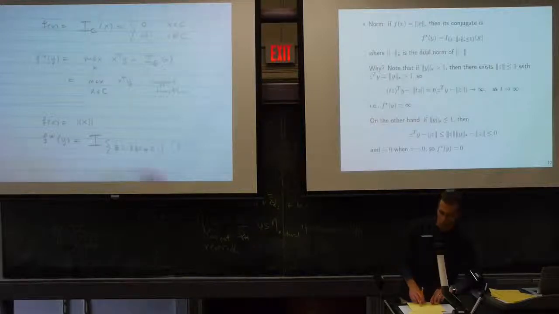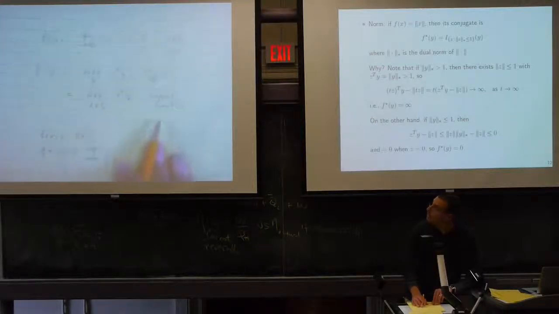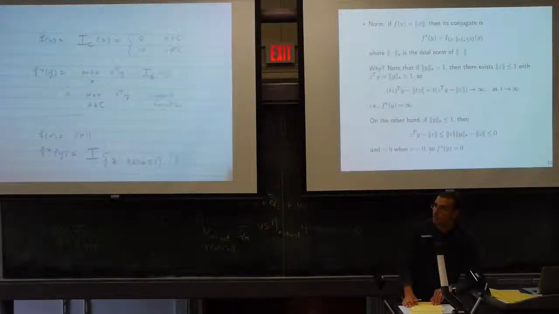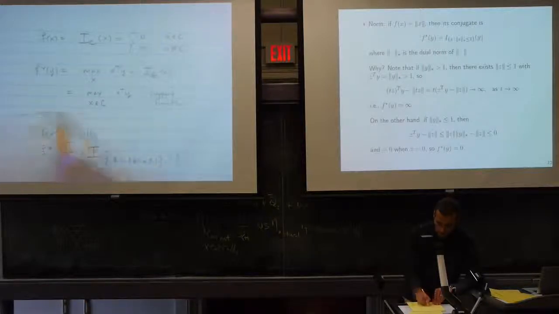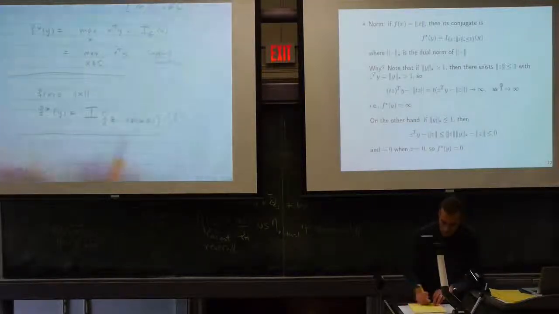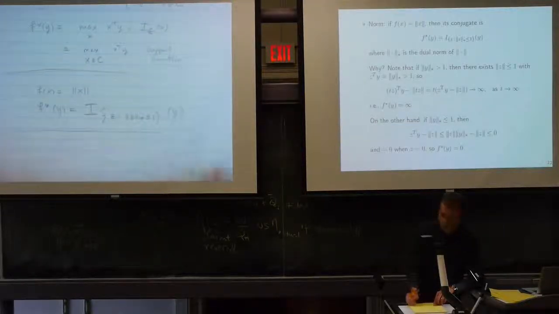There's a much easier way to prove this, given the fact that the conjugate of the conjugate is the original function. So let's see if we can see it. Forget about the proof on the slide. That's a backup, because it's direct, in case you forget this fast explanation.